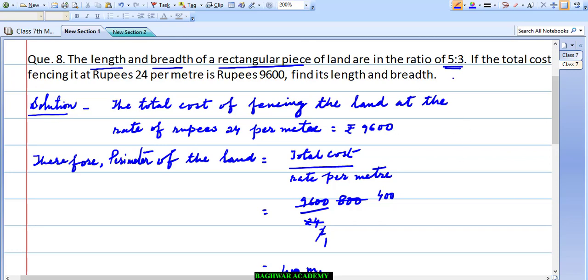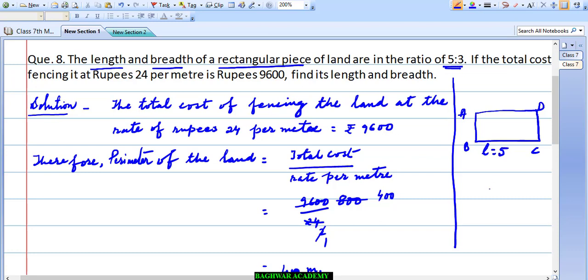It means, suppose this is your land in rectangular shape, ABCD, and the length and breadth have been given in ratio, 5:3.